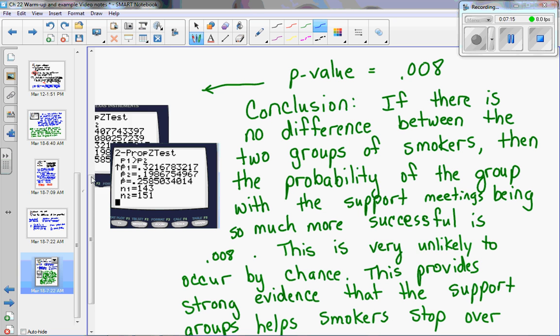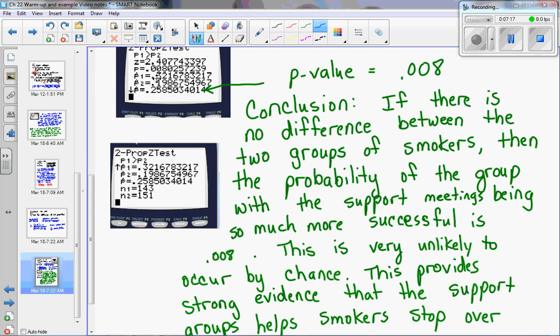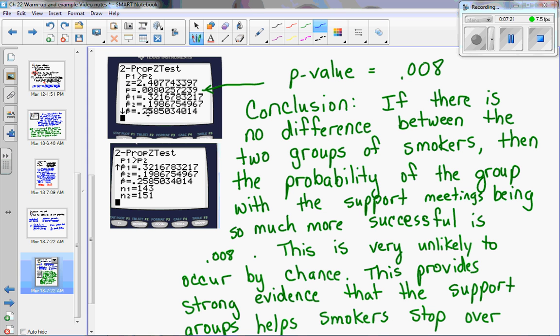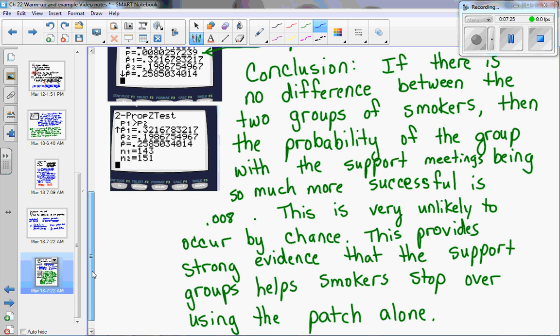But notice that nowhere in my conclusion do I say reject the null hypothesis. Even though it's not wrong to say that, I've kind of said it without saying exactly those words, because I've said that I've been given strong evidence that the support group helps smokers stop overusing the patch alone, which is like saying I'm accepting my alternative hypothesis.